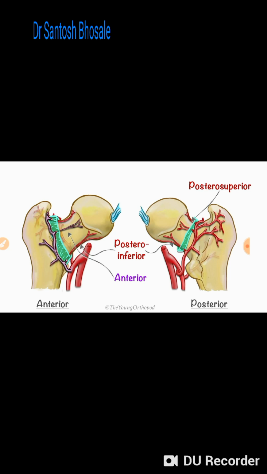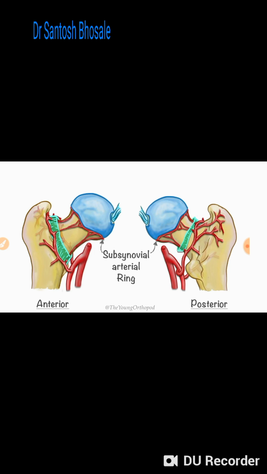The main contribution is formed by the medial circumflex femoral artery, and they go near the head of the femur, whereas in the childhood the ligamentum teres carries the branch from the obturator artery which supplies the head, because there is no fusion between the head and the remaining part of the upper end. You can see these vessels form subsynovial arterial ring and supply the cartilage, the head of the femur.